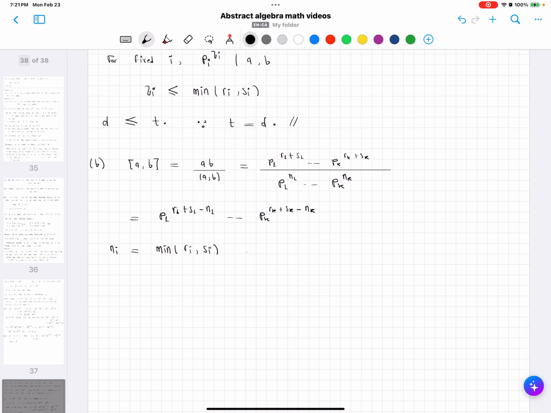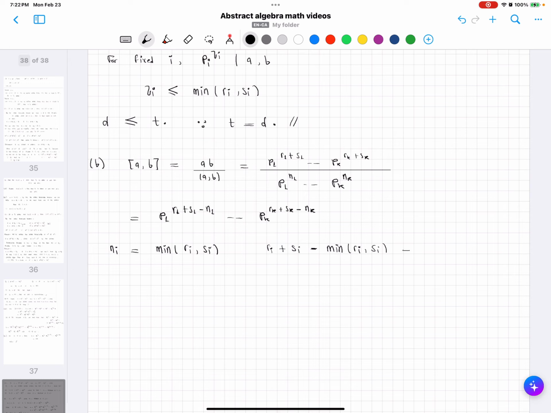So then Ri plus Si minus the minimum of Ri and Si would remove one of the minimums, which could be either Ri or Si.